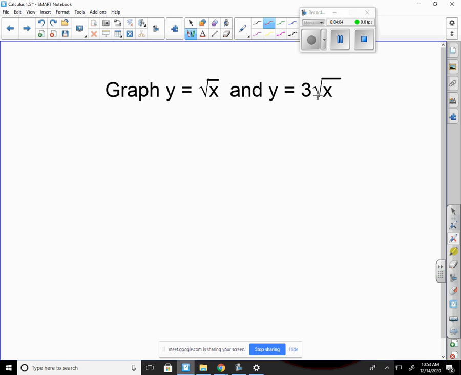Because this is a 3 out in front, it's going to be a vertical stretch by a factor of 3. And that's because it's outside of the square root, and it's a whole number. If this had been 1/3, it would be a vertical compression by a factor.